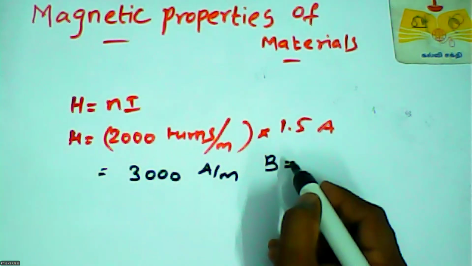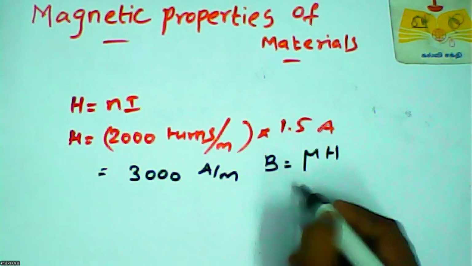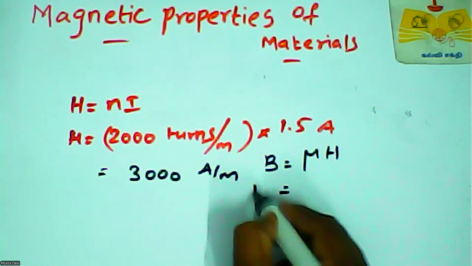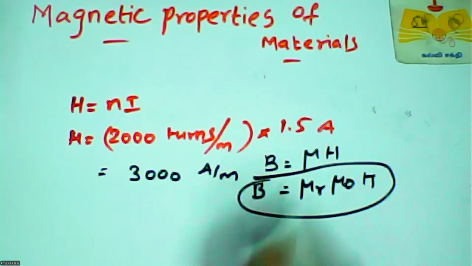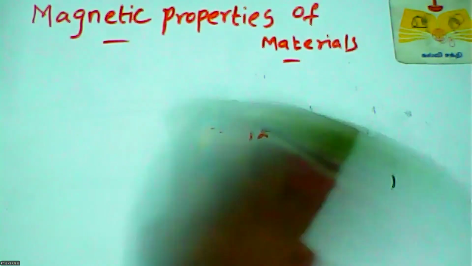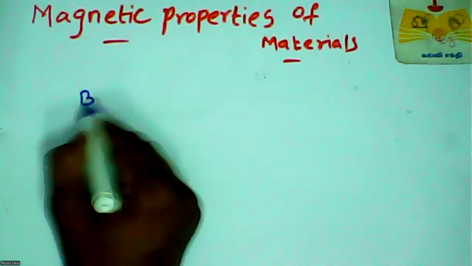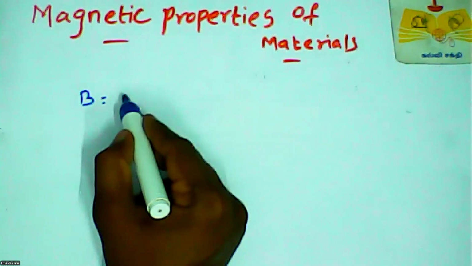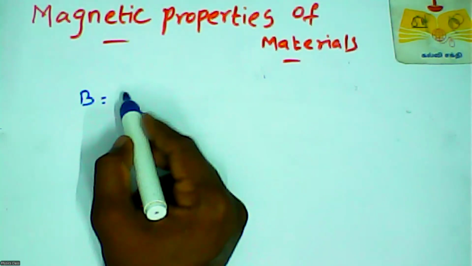Already we know that B equals mu into H, or we can write B is equal to mu r mu naught into H. So we have to apply the values in this equation. Already we found the magnetic intensity H, now we are going to find the value for magnetic field.